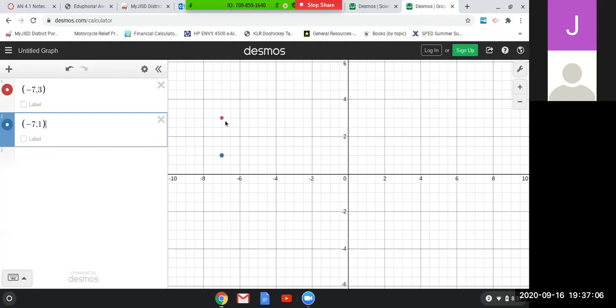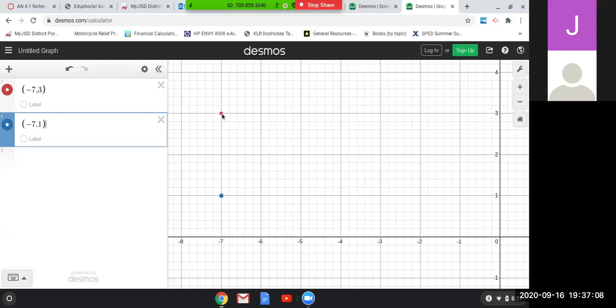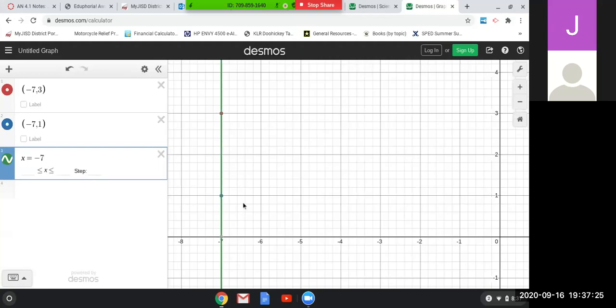Check this out. From the last unit, we learned something. I've got 2 points. There's also this vertical line right here which crosses through those 2 points. There's a vertical line where x equals -7. Here's this point right here, -7, 1.